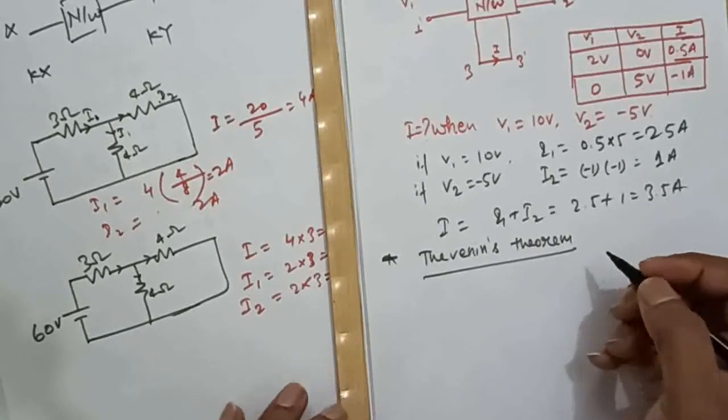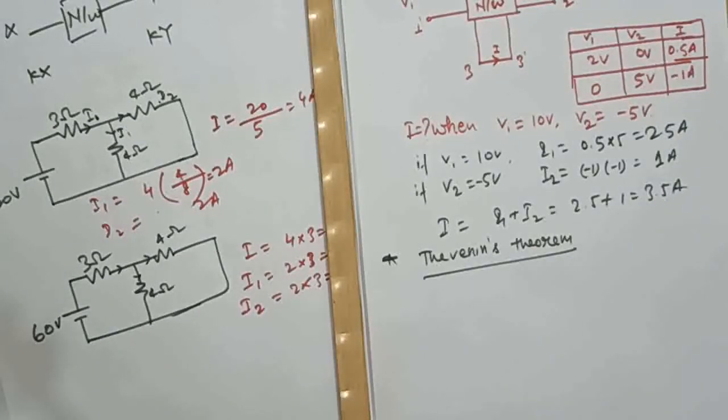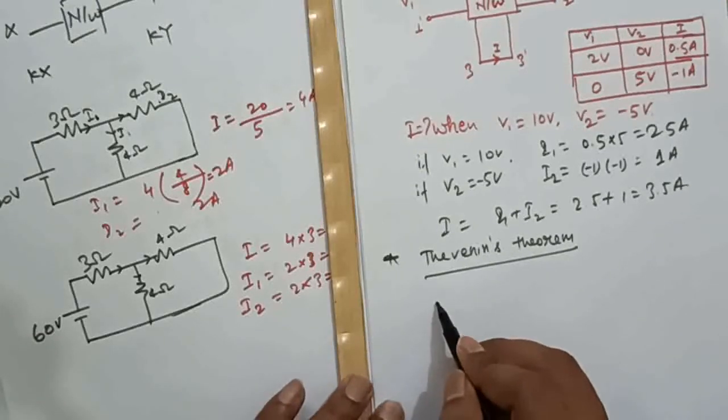Thevenin's theorem states that a linear active bilateral network with a two terminal circuit can be replaced by an equivalent circuit consisting of a voltage source VTH, that is V Thevenin, in series with a resistance RTH, across the same targeted terminal, where VTH is the open circuit voltage at the target terminal and RTH is the input resistance as seen by the targeted terminal into the circuit. Clear?